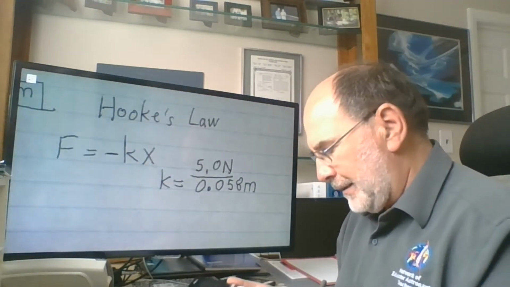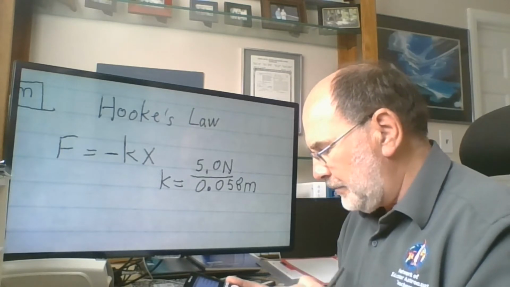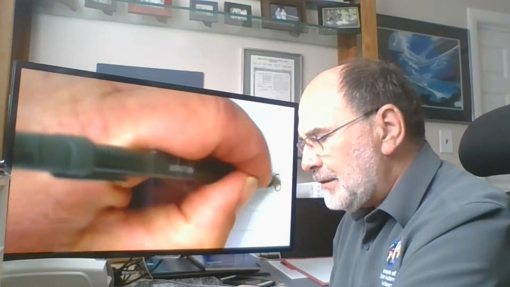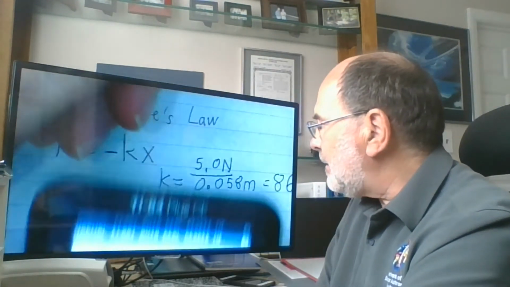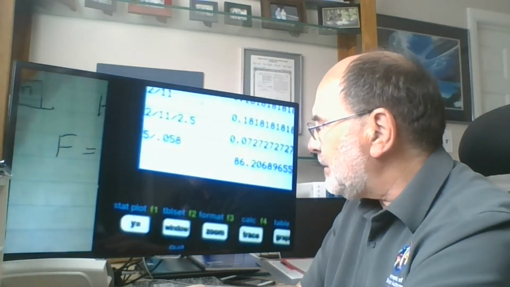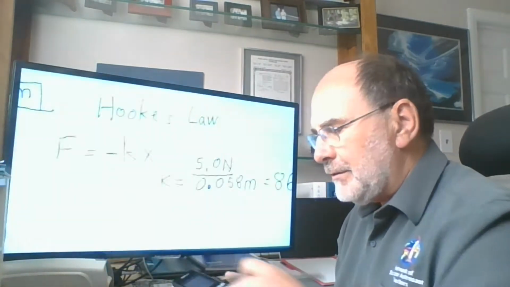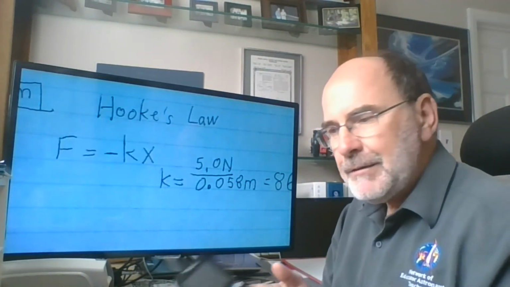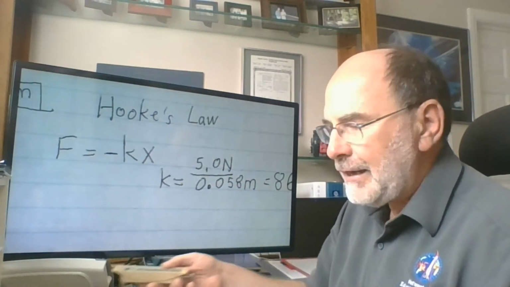Now, a quick calculation, 5 divided by 0.058. And in this example, for the spring constant K, I get a value of 86 newtons per meter. That is the value of the spring constant for this particular model spring scale that we have in our classroom.